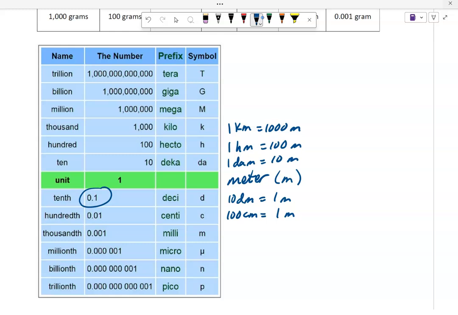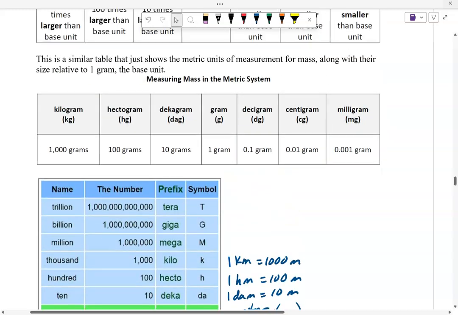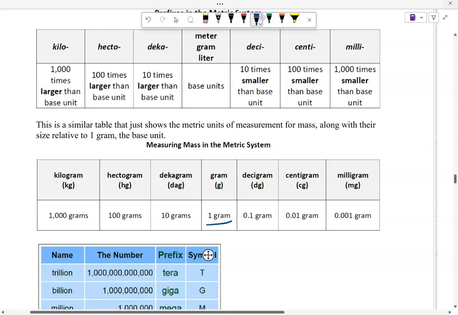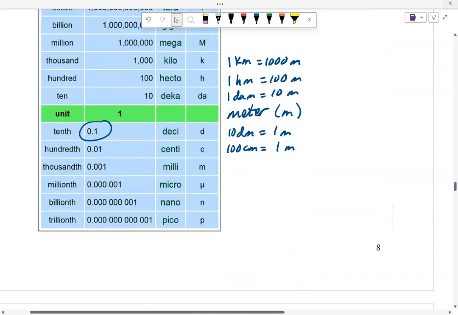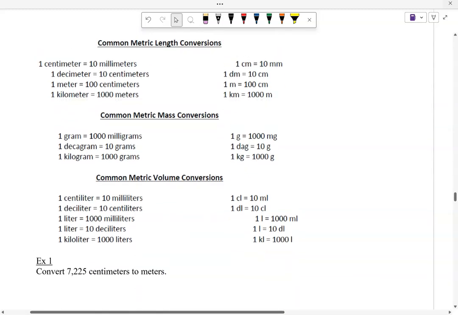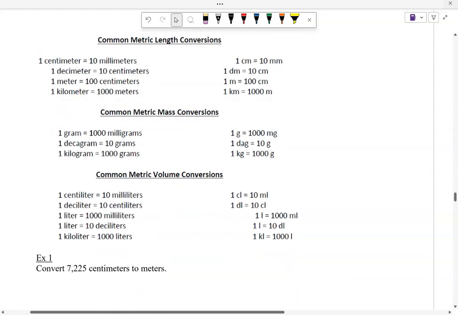All right, so that's how those prefixes work. This is just another way to say it, with grams instead of meters as your base. You'll use meters or grams or liters for volume as your base unit with the prefixes. Here are some common ones I've listed, and of course it just goes back to that table.